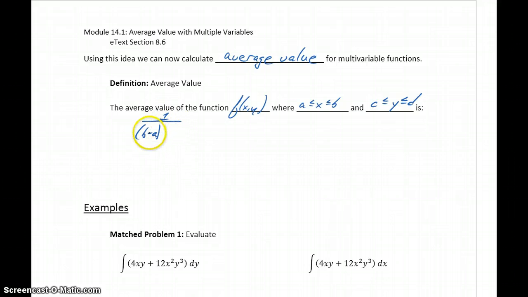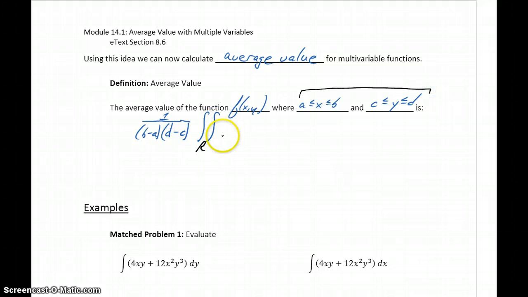This is already looking like the average value formula that we had before, but in that denominator we're also going to multiply by d minus c, and then the double integral over some region, which is again defined by these inequality statements, of f of x y dA.